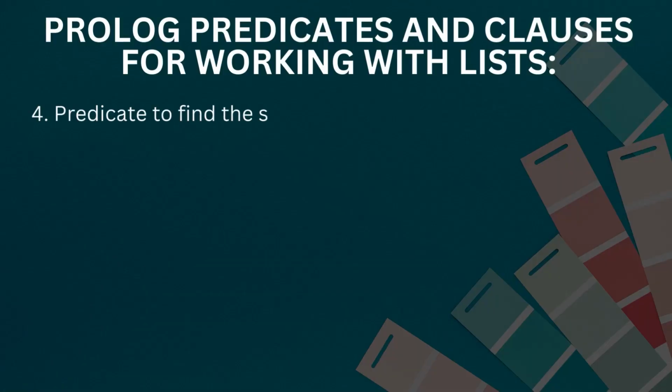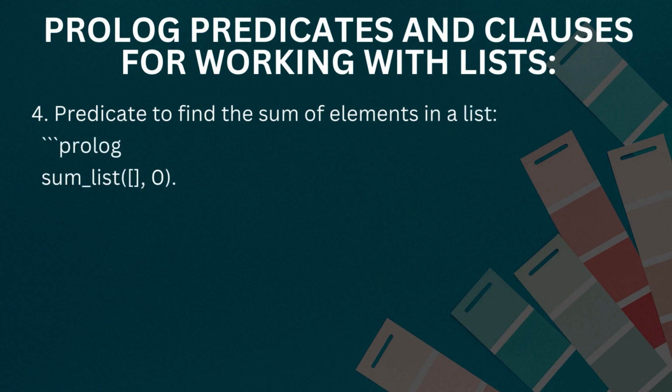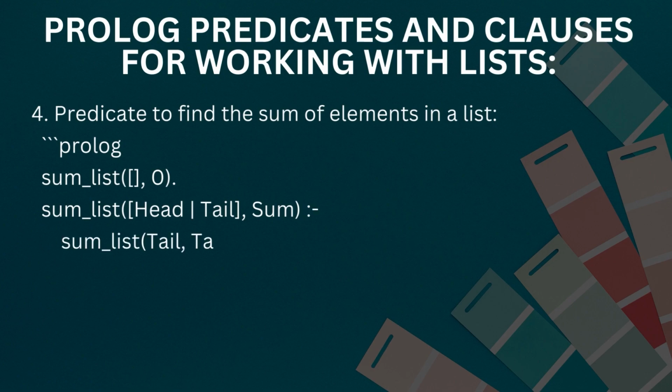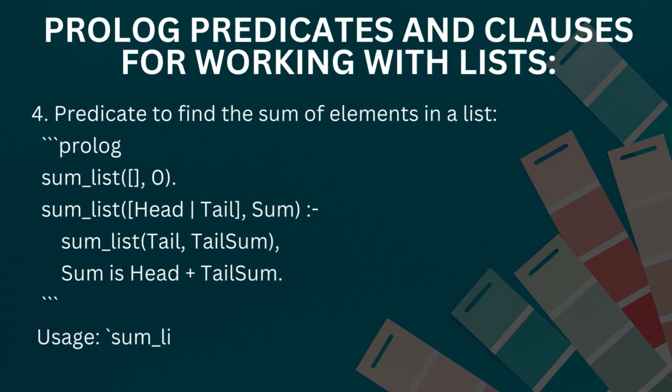Now, we have some more examples of Prolog predicates and clauses for working with lists. Another example is a predicate to find the sum of elements in a list. How can you write it? You use sumlist as a predicate. sumlist([], 0), which is the initialization.